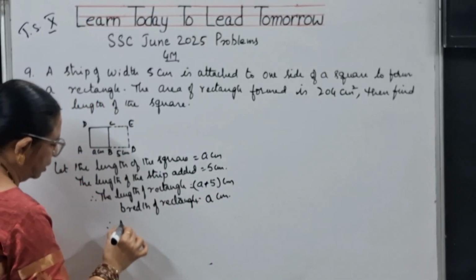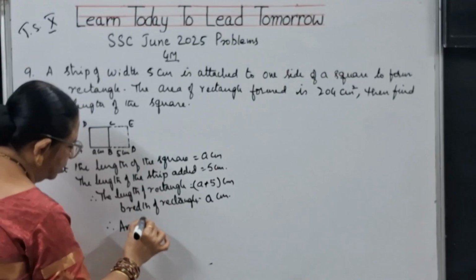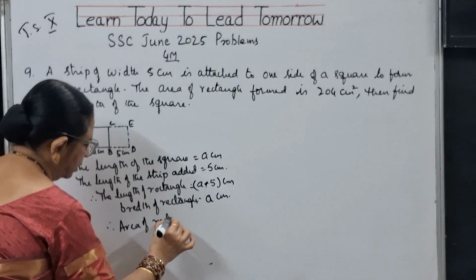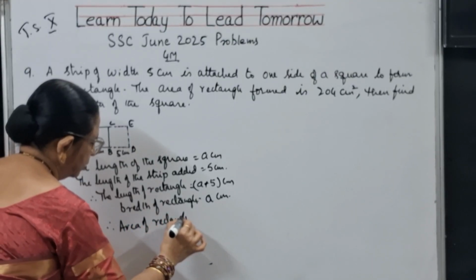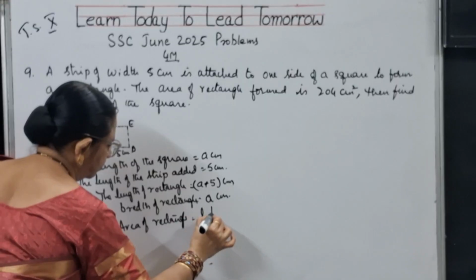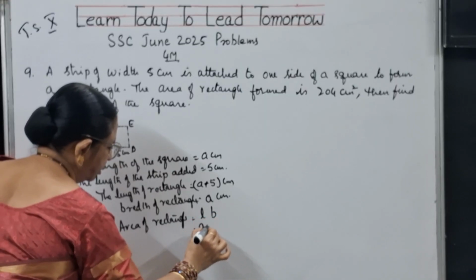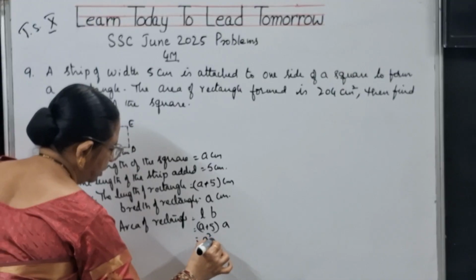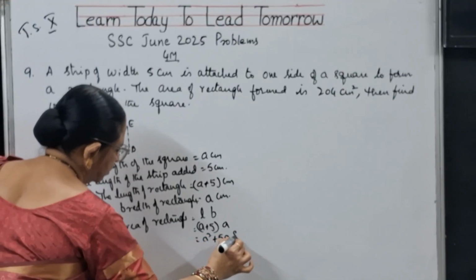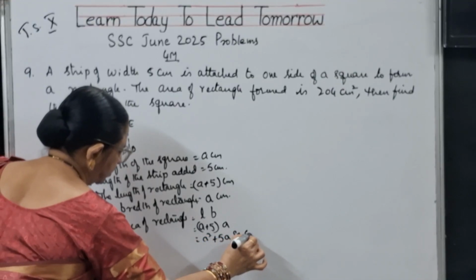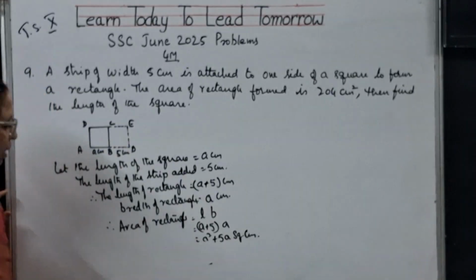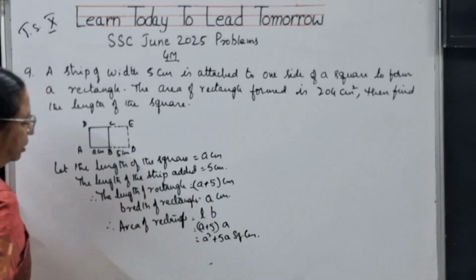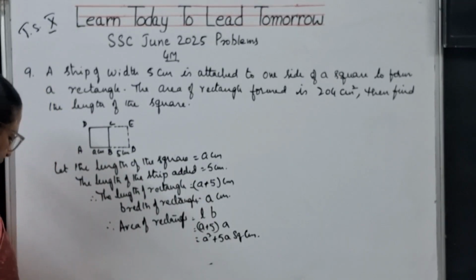So what is the area of the rectangle? Area of rectangle is equal to length into breadth, that is A plus 5 into A, that is A square plus 5A square centimeters.